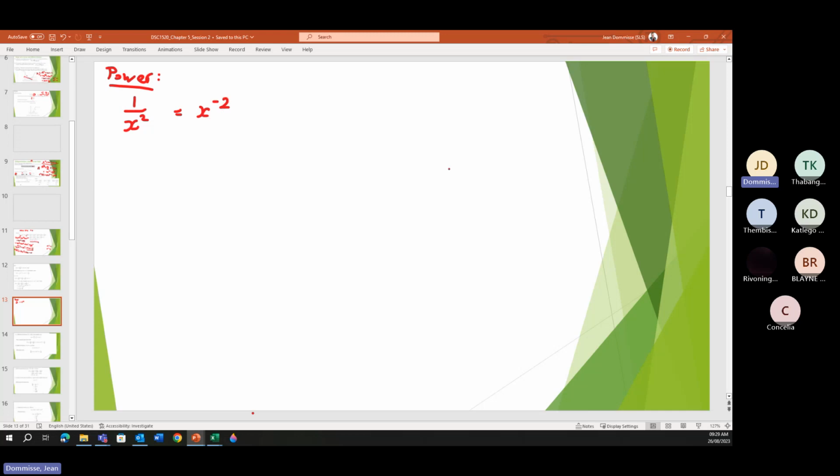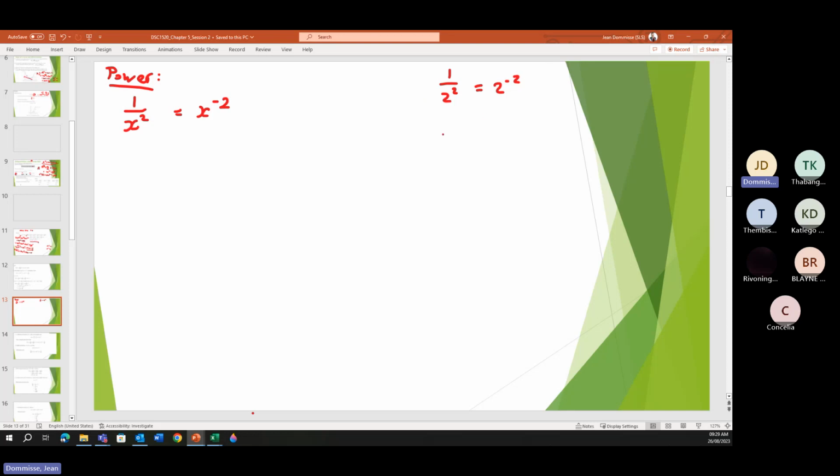Think about it first in the format of 1 over 2 to the power of 2. Then I would change it, and it would become 2 to the power of -2.